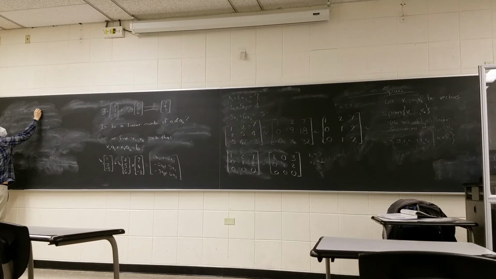the span of two multiples of each. So the span of two vectors in R3, they're not multiples of each other.